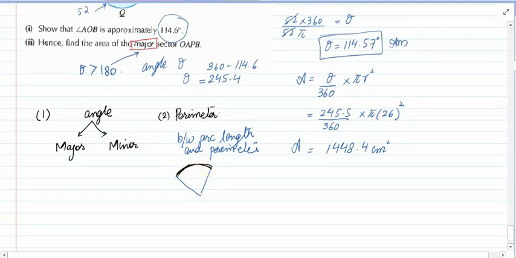This length is the arc length, and perimeter is all sides. So that is the difference between the arc length and perimeter, and I have observed such types of mistakes from the student's end, right? So you need to be clear about the difference between the arc length and perimeter, and how you use it to find the value of radius if perimeter is known. Such types of questions we have attempted in today's class.